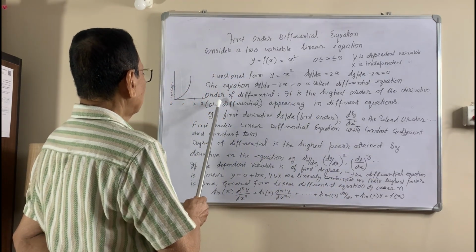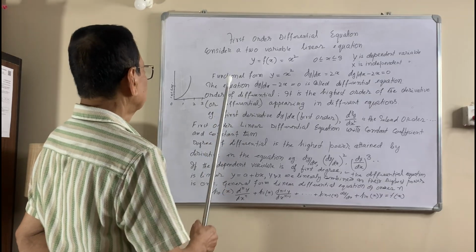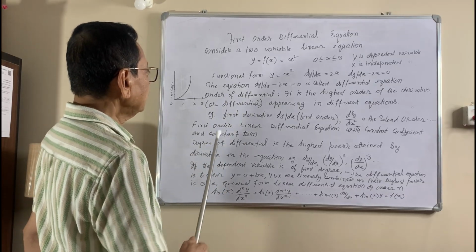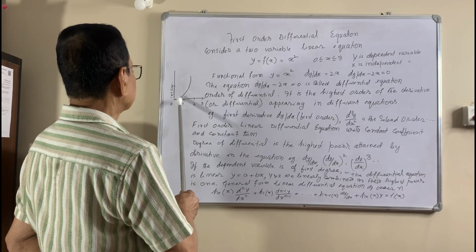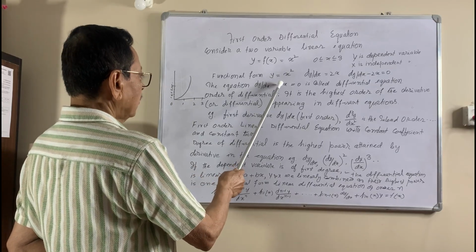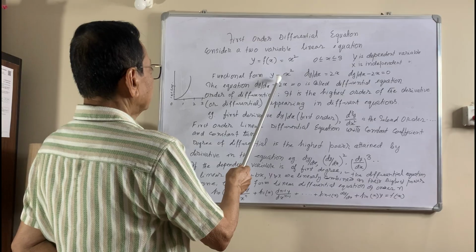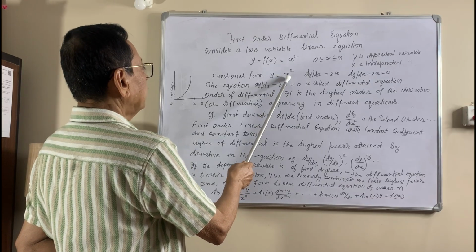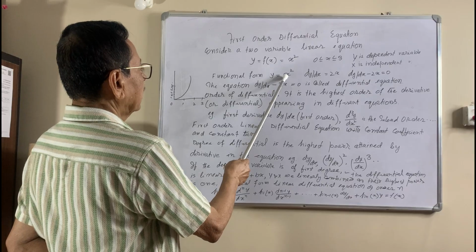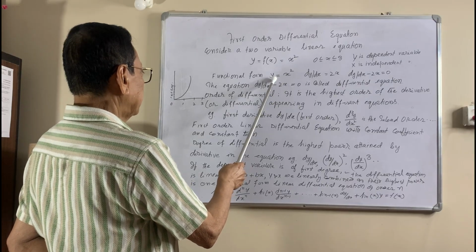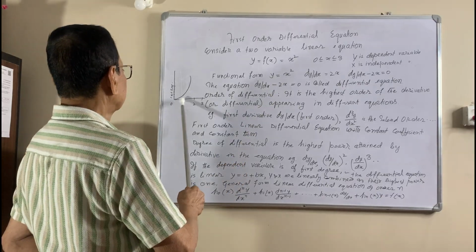Now what is the order of a differential equation? This can be expressed geometrically as this curve, because when x is equal to 1, y will be 1. When x is equal to 2, y will be 4, like that.